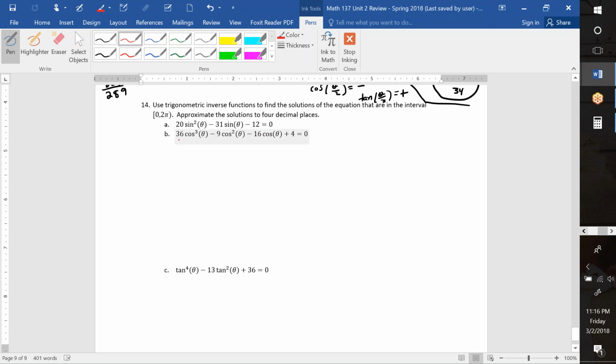It looks like I could try to do some factor by grouping here. I can pull out a 9 and a cosine theta, and I'd be left with a cosine squared theta, or actually I can pull out a cosine squared. Let's pull that out. I want to pull out the most that we can. And that would just be 4 cosine theta minus 1, because we divided 36 by 9.